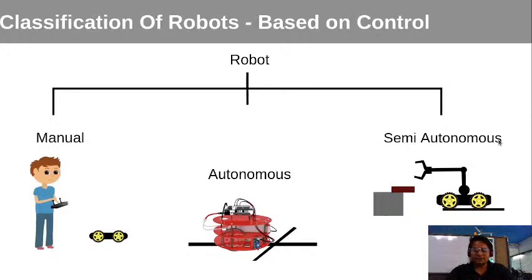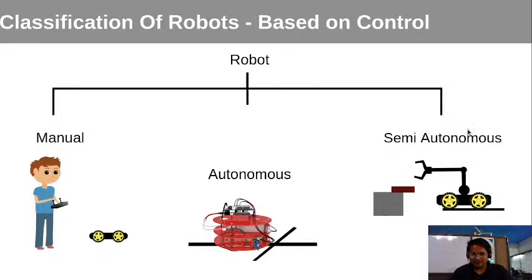Same thing is happening in the washing machine. Initially you need to set the timer, which is manual work, and once you set the timer, it executes its task automatically, and once the time is over, the buzzer automatically buzzes. So these are the three different categories of robots: manual, autonomous and semi-autonomous, which are based on the control method.